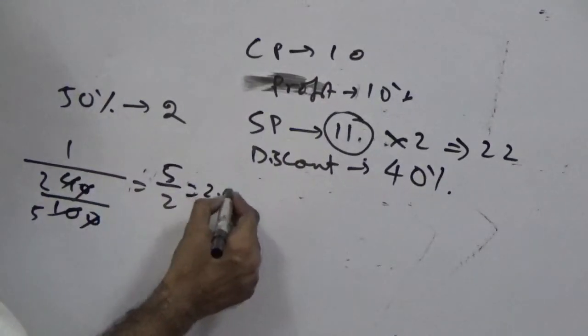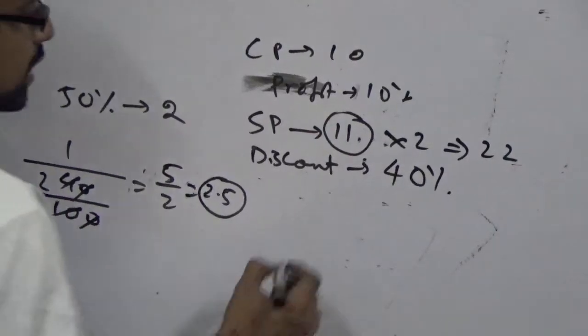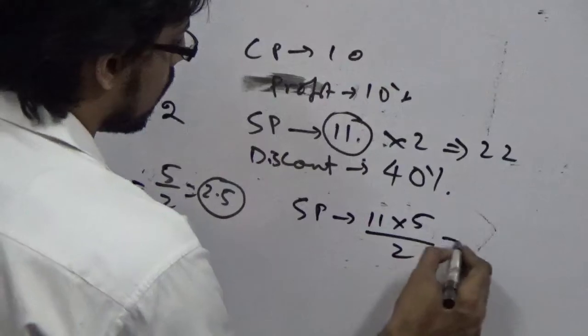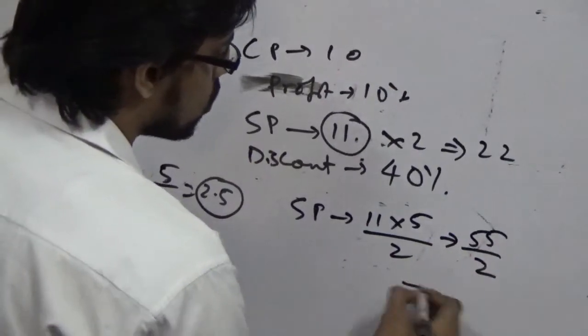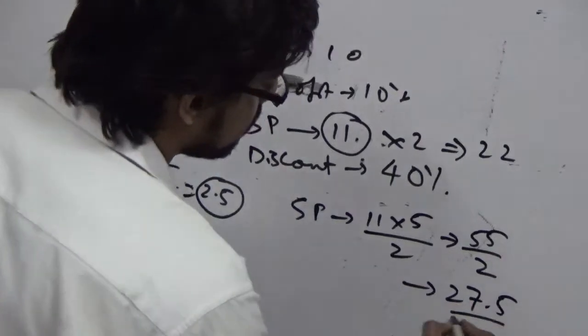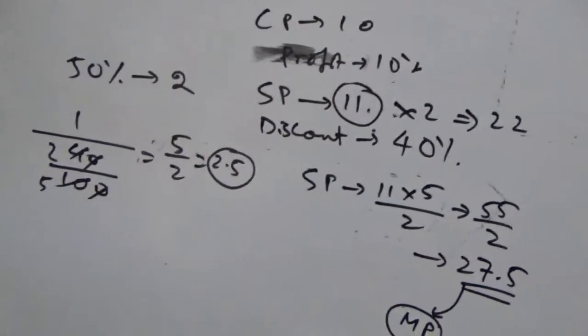So you need to multiply the SP by 2.5. That is 11 into 5 by 2, which is 55 by 2. So you have to sell it at 27.5 rupees; that will be the mark price. That is very easy.